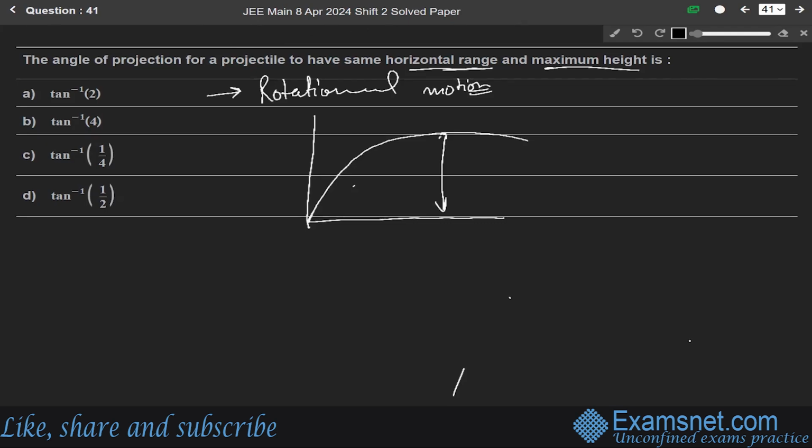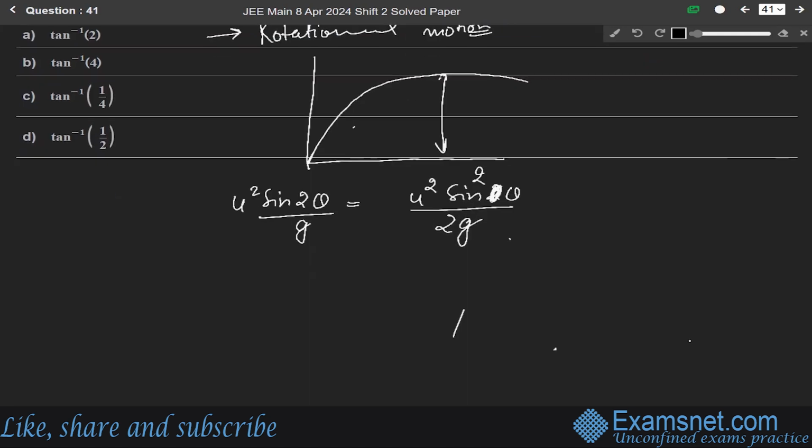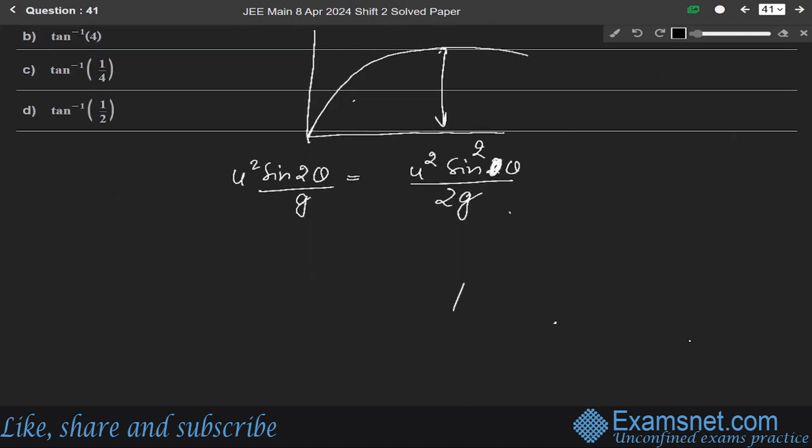We know the formula: u square sine 2 theta over g equals u square sine square theta over 2g. Cancelling u square and g, and multiplying by 2, we get 2 sine 2 theta equals sine square theta.